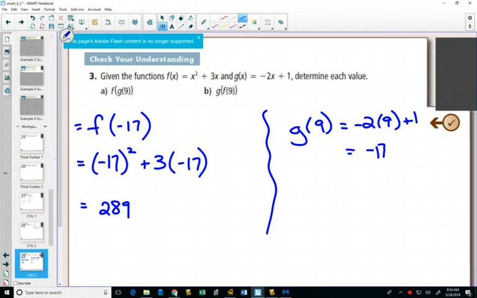Know your 17 times table? Minus 51. And then we get 238 as an answer.